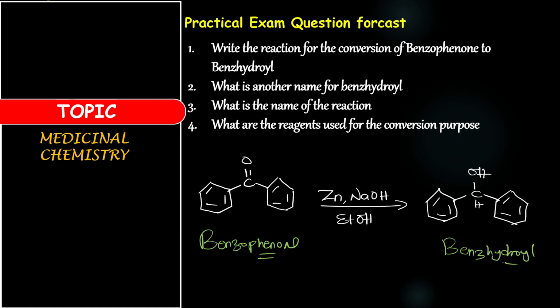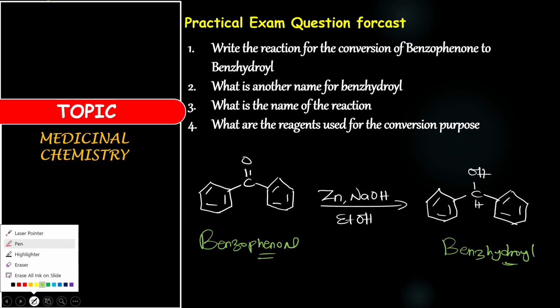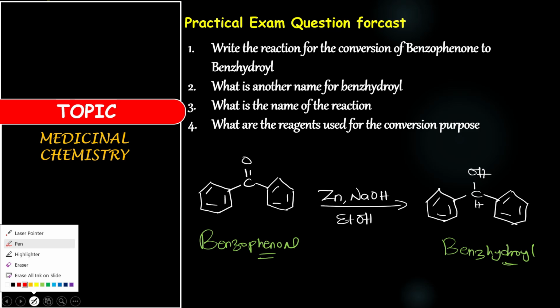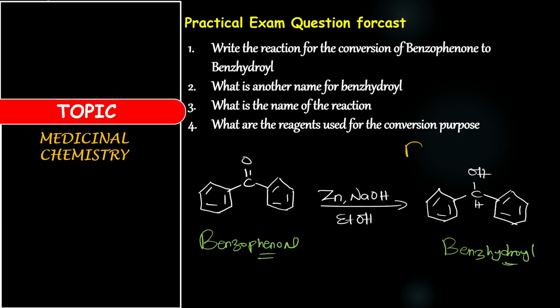Now, what is another name for benzhydrol? Another name for benzhydrol is diphenylmethanol. So you can write it down. Diphenylmethanol. This is an alcohol functional group.